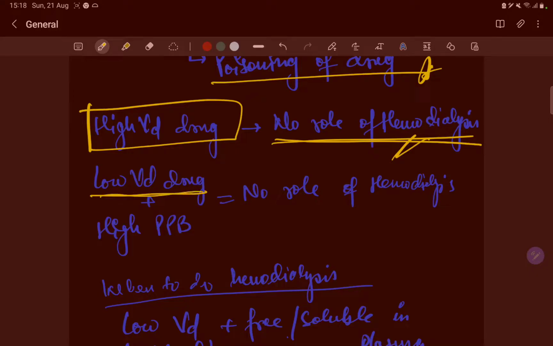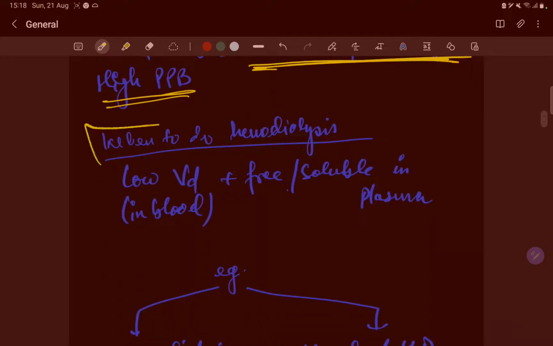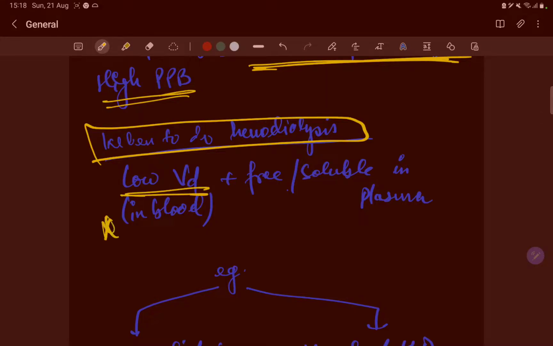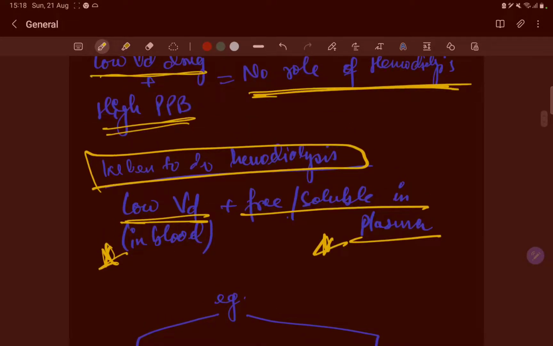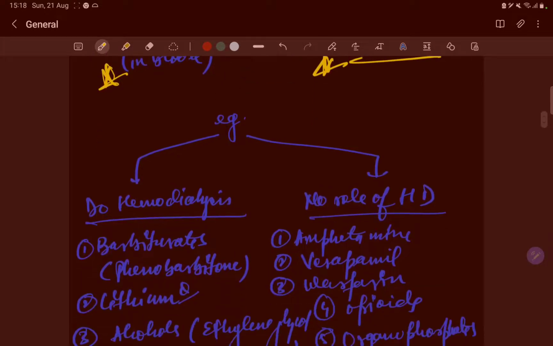If there is low volume of distribution and high plasma protein binding, there is no role of hemodialysis. So when should we do hemodialysis? Drugs with low volume of distribution, free or soluble in plasma and low plasma protein binding are suitable for hemodialysis.